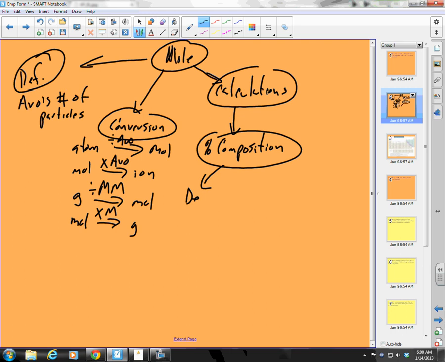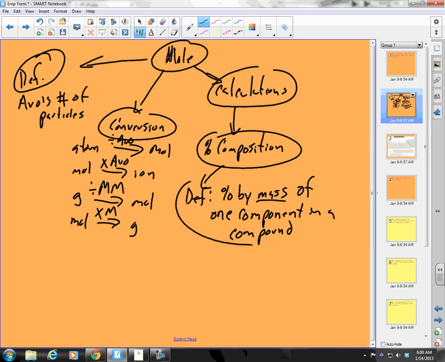We want to define what is percent composition. It is the percent by mass. Important. It's not the percent by volume. It's not percent by mole. It's the percent by mass of one component in a compound.